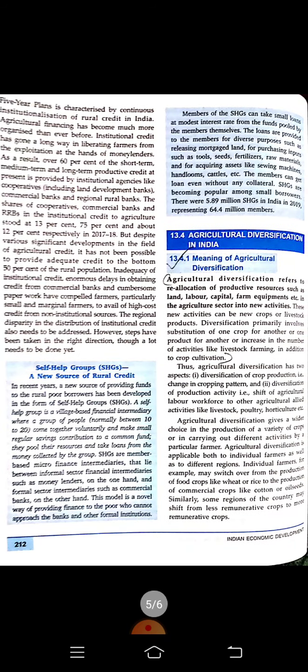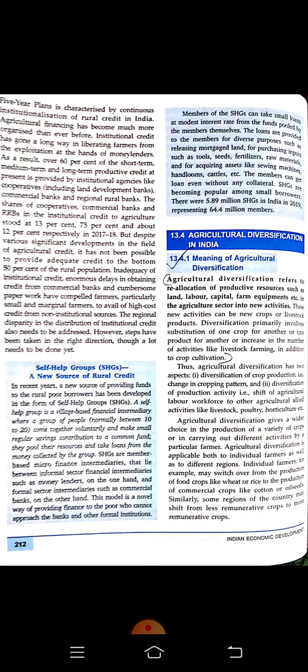Next, what is agricultural diversification? Agricultural diversification refers to the reallocation of productive resources such as land, labor, capital, farm equipment, etc. in the agricultural sector into new activities.